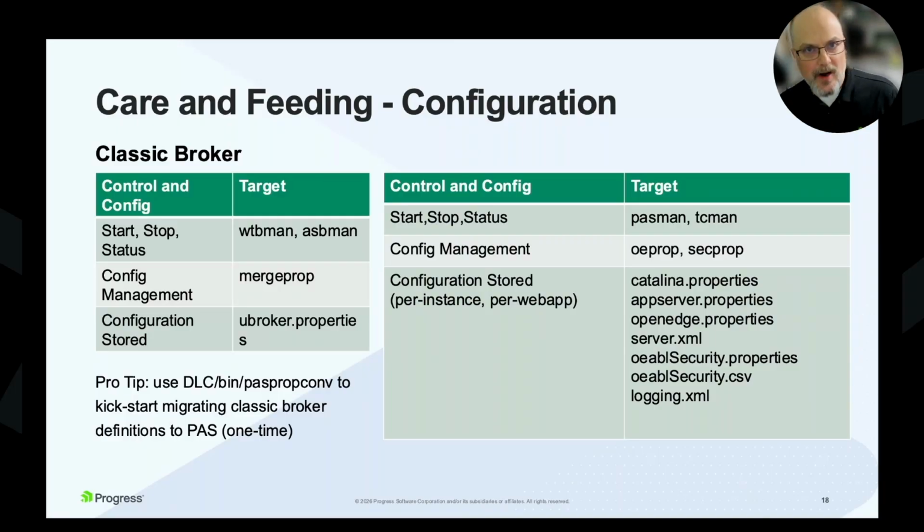There's also sec prop, which allows you to go through your security settings inside of PaaS. In the Classic world, we had simply the ubroker.properties to change settings for web speed or app server. In PaaS, there's a lot more, and that's a bit of an understatement. There are a lot more ways to tweak, tune, and configure the PaaS instance.